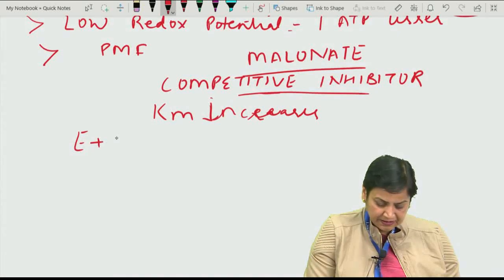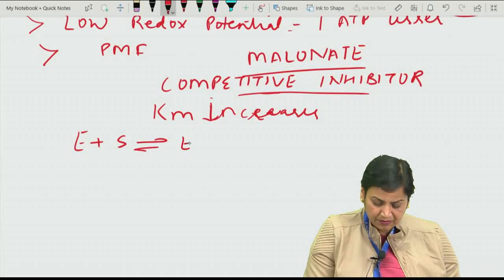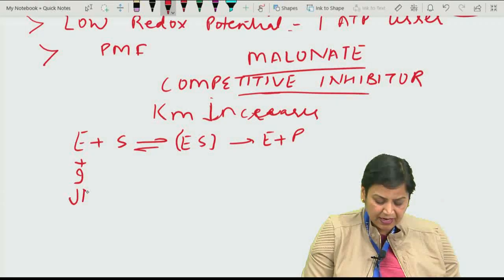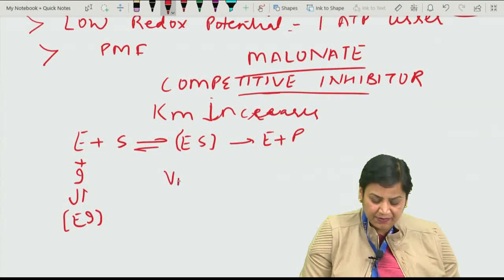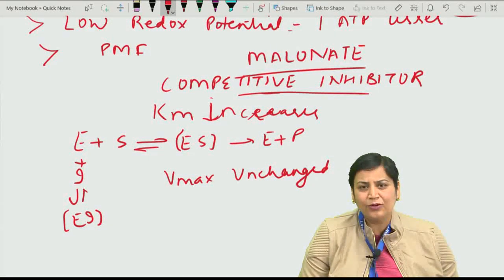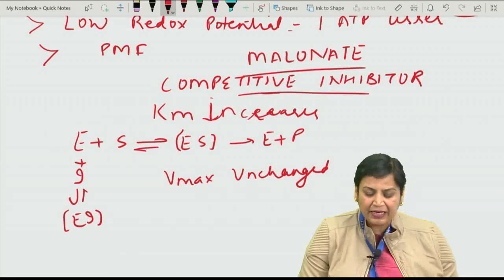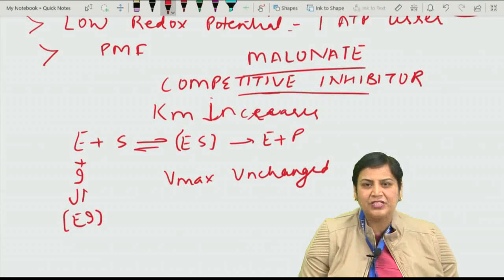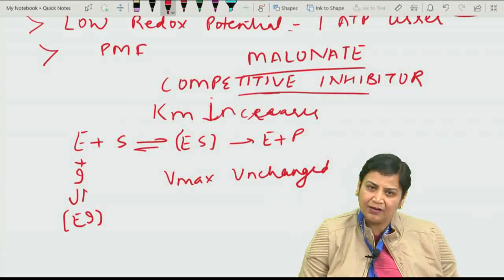It's like this: the inhibitor binds with the active site of the enzyme. So Km increases, but Vmax is unchanged. So this malonic acid or malonate is a competitive inhibitor of succinate dehydrogenase, which is the only enzyme of the TCA cycle which is present in the inner mitochondrial membrane.